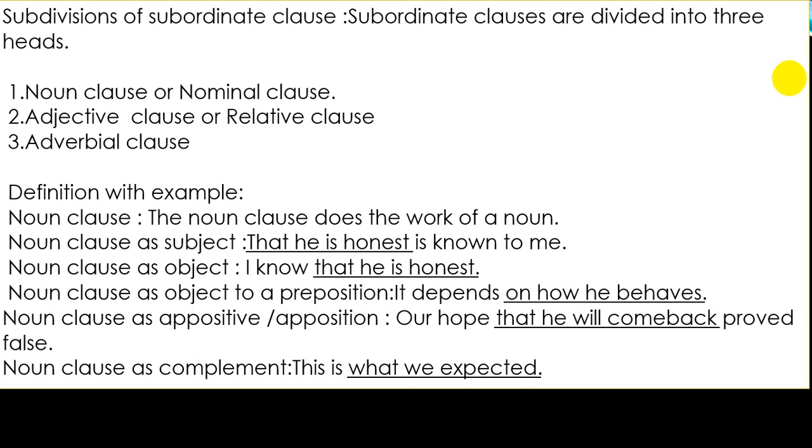Our hope that he will come back proved false. Here, that he will come back is an apposition of the noun our hope. Last one, noun clause as complement. This is what we expected. What we expected is a noun clause and it is used as a complement.